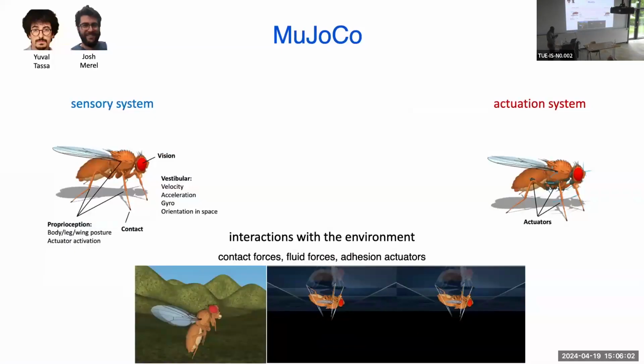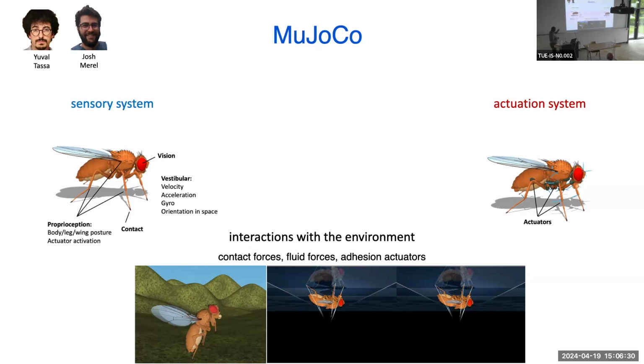And what's important in order to model behavior is not just the geometry and the physics of the body itself, but also how the body interacts with the world. Flies can fly. And so what that means is that we need to simulate how the body interacts with air in order to generate lift and drag, in order to be able to fly.